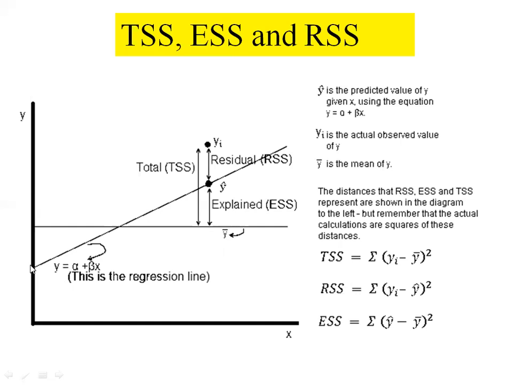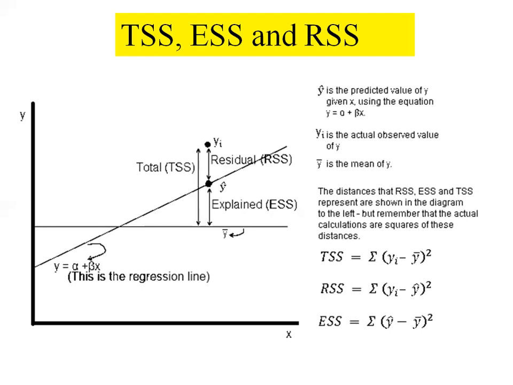Now we have this regression line. This regression line is able to explain, for example, this is the actual y value, and this point is the predicted y value. So the regression line is able to explain only some part of the actual y value. The remaining part of the actual y value goes unexplained.